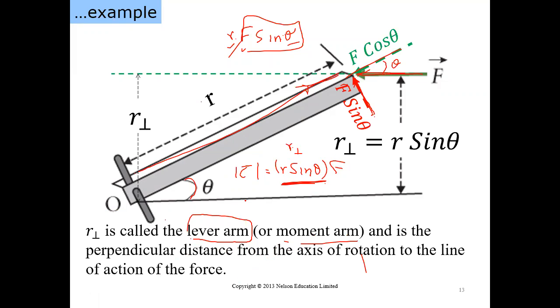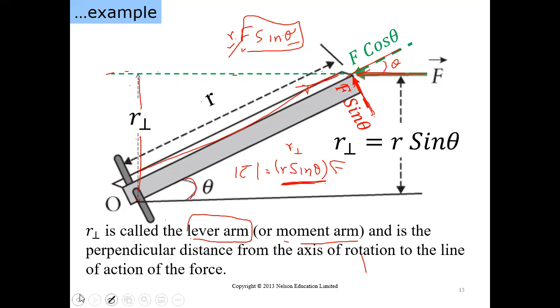Now you can see that lever arm or the perpendicular distance is this. It is by extending the line of force, line of action of the force, and the perpendicular distance of the force to the rotation axis is called the perpendicular or the lever arm or the moment arm, a perpendicular distance from the axis of rotation.